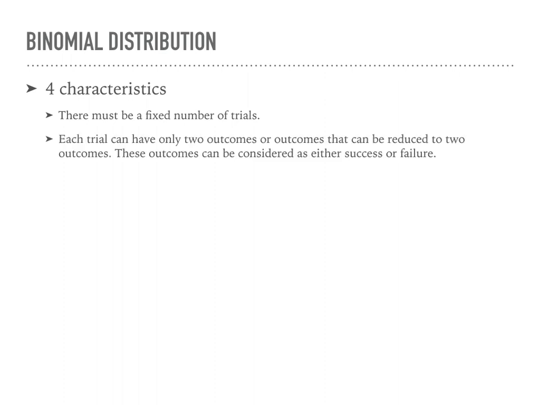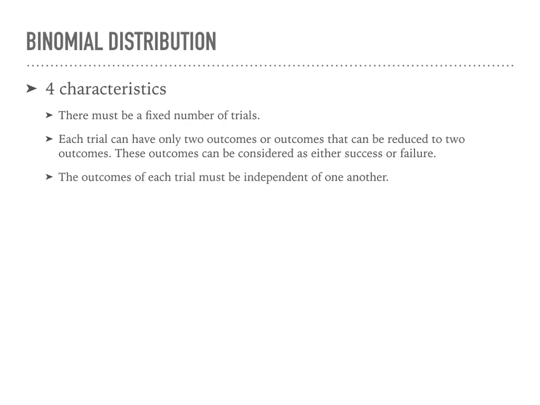So the binomial distribution has 4 characteristics. There must be a fixed number of trials. Each trial can have only 2 outcomes, or outcomes that can be reduced to 2 outcomes, and these outcomes must be able to be considered as a success or a failure.